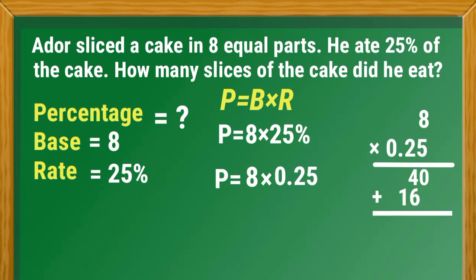We are going to add. Bring down 0. 4 plus 6, that is 10. Bring down 0, carry 1. 1 plus 1 is 2. So remember that we have 2 decimal places. Let's count 2 decimal places in our product. So 1, 2. So that is 2.00 or 2. So the percentage is 2.